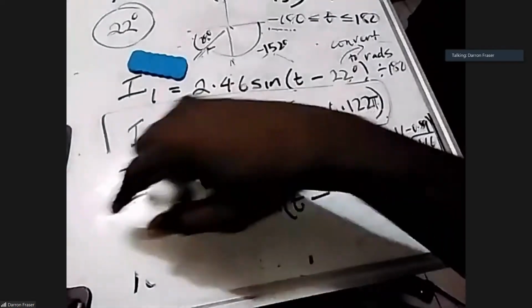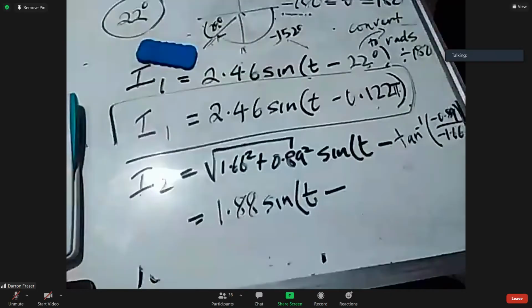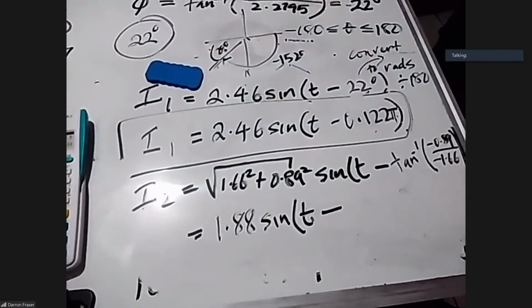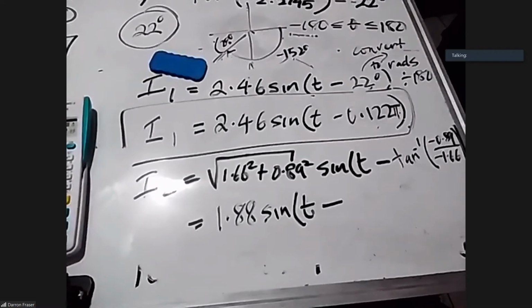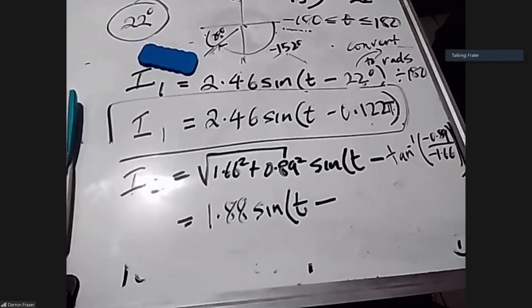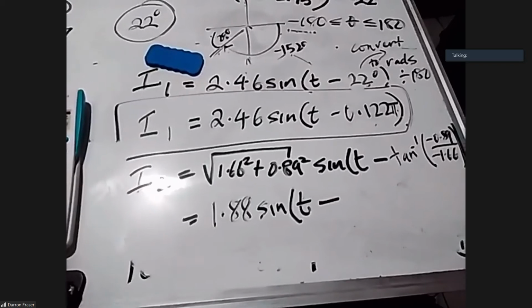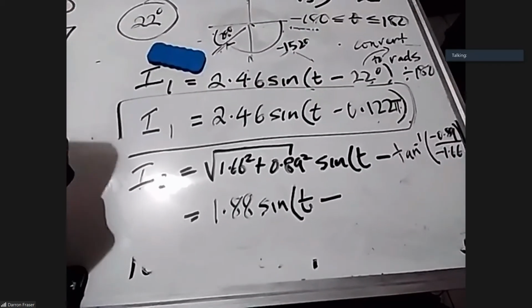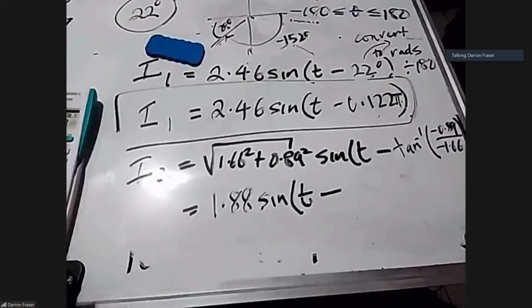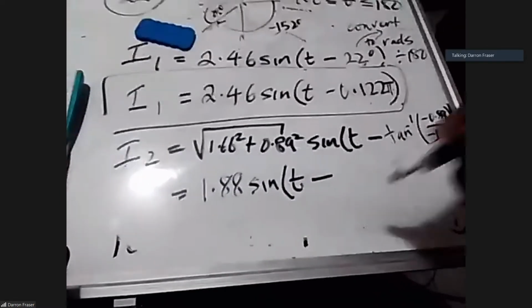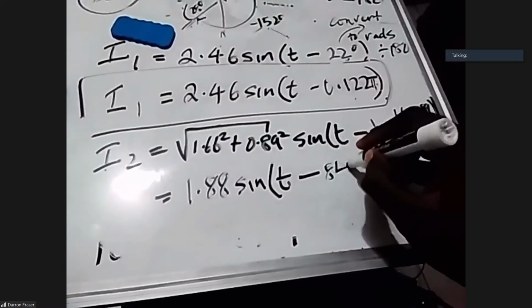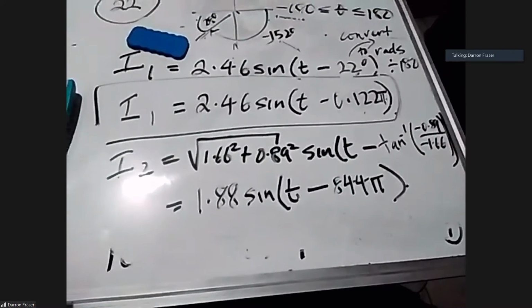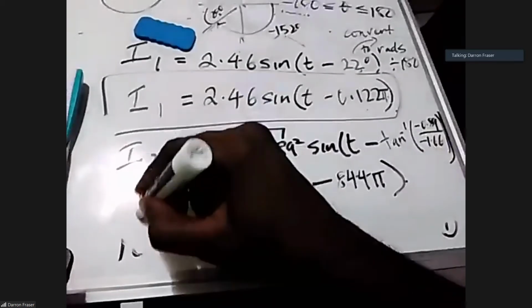Negative 152 degrees in radians. So that is 0.844 pi. So that will be my I2.